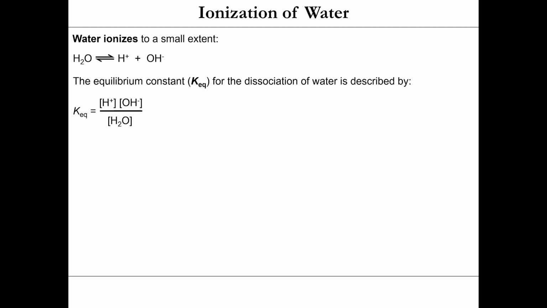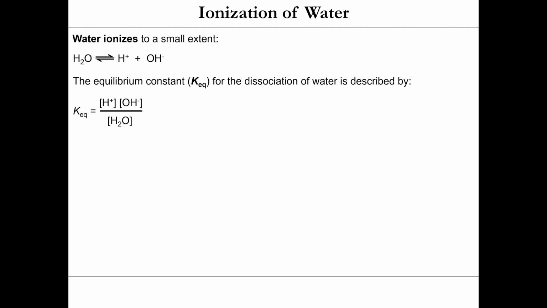So the equilibrium constant for the dissociation of water, so this ionization of water, will be called Keq. And so Keq equals the proton concentration multiplied by the hydroxide ion concentration over the concentration of water.